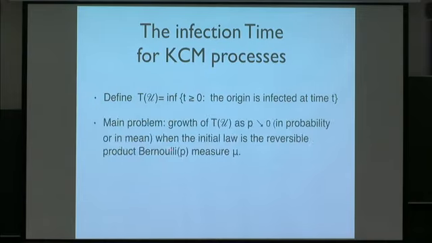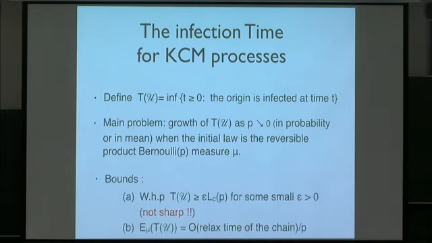The main problem is what is the growth of the infection time when p goes to 0 in a supercritical or critical system, either in probability or in mean, with some concentration or not, that will depend.